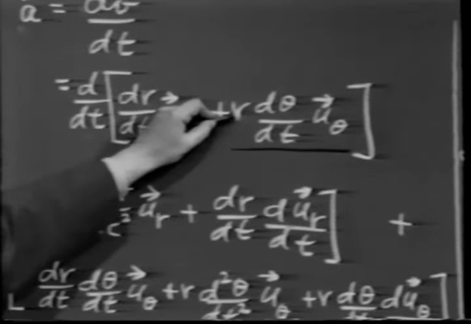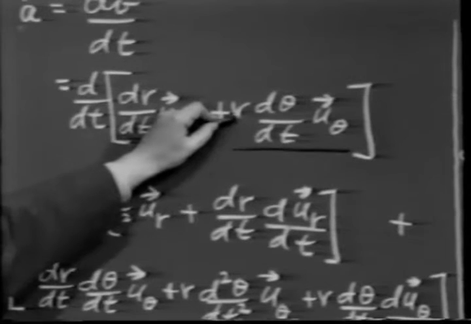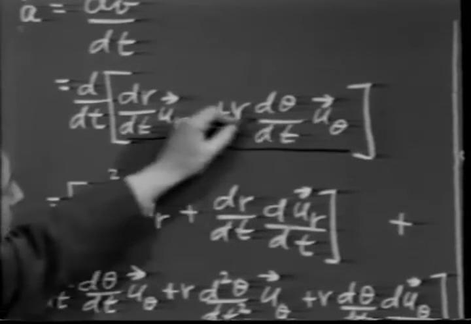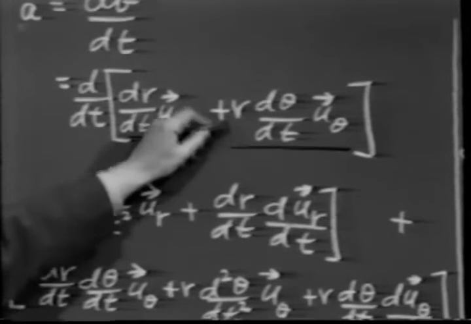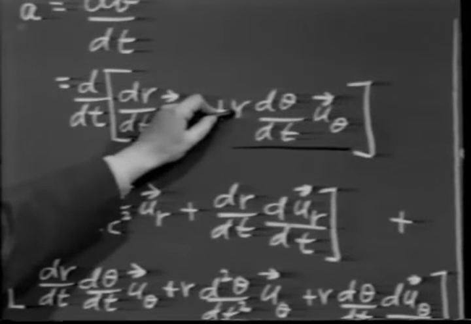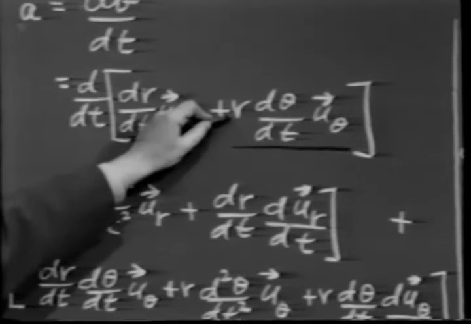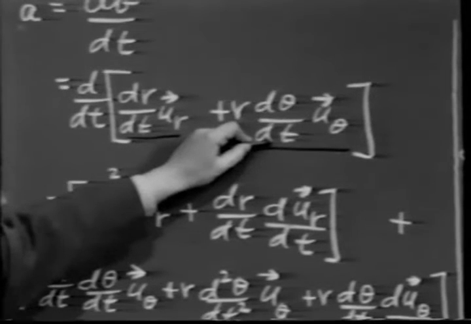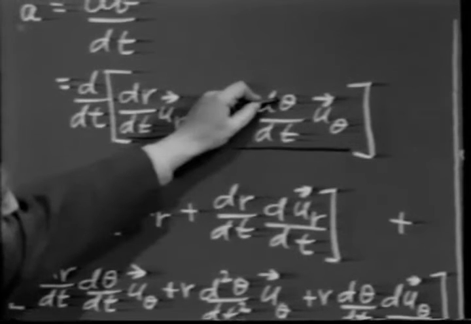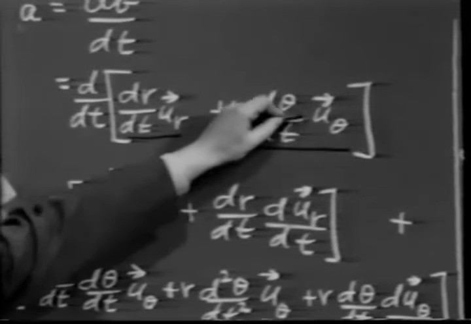But to differentiate a product of three functions, we write the product down three times and each time differentiate a different factor. For example, the first time we'll differentiate r with respect to t, which is dr/dt. The second time we'll differentiate d theta/dt with respect to t, which is the second derivative of theta with respect to t.